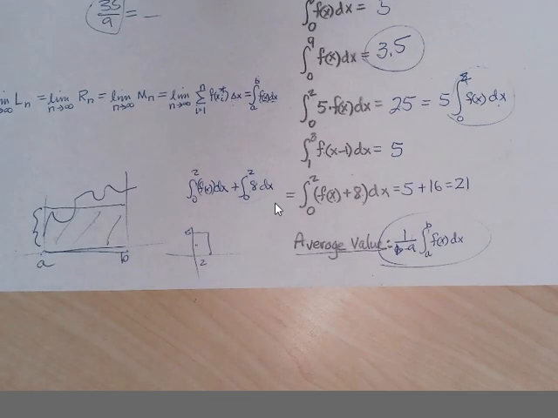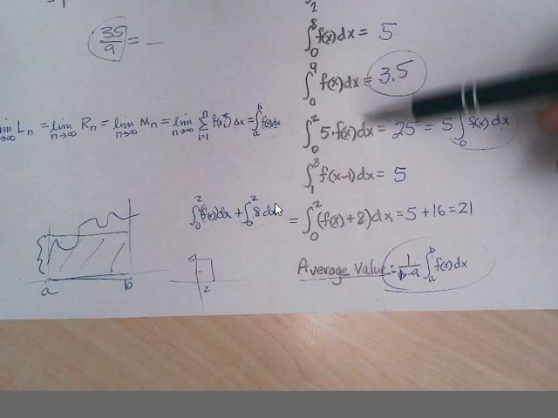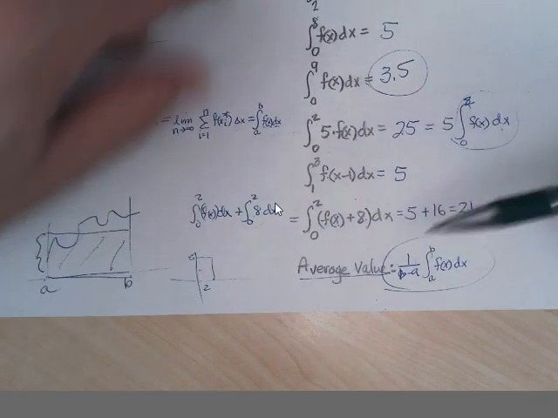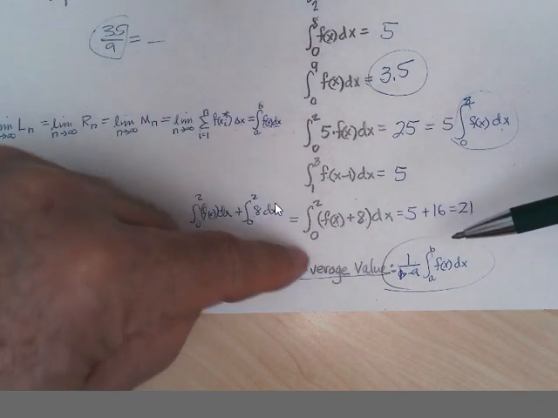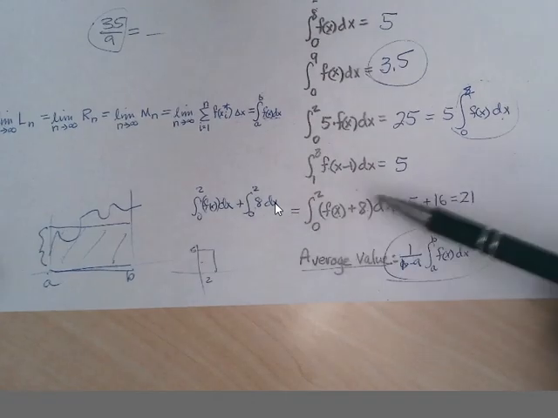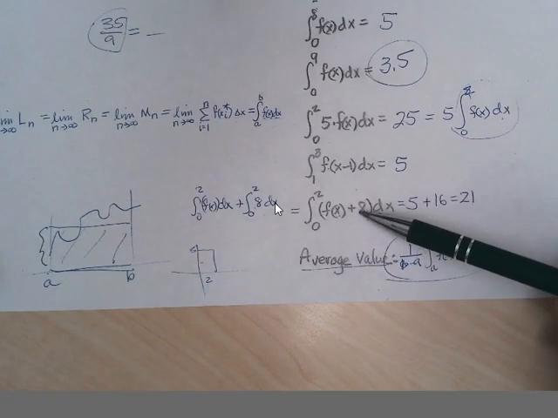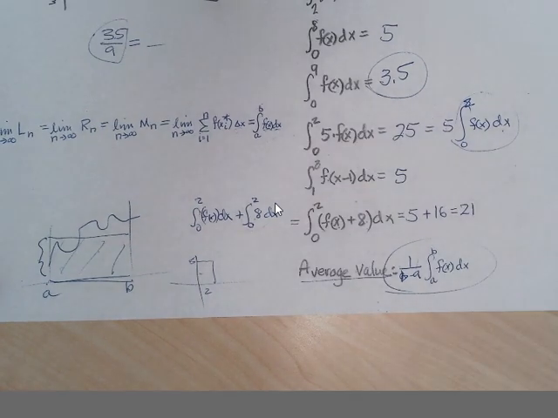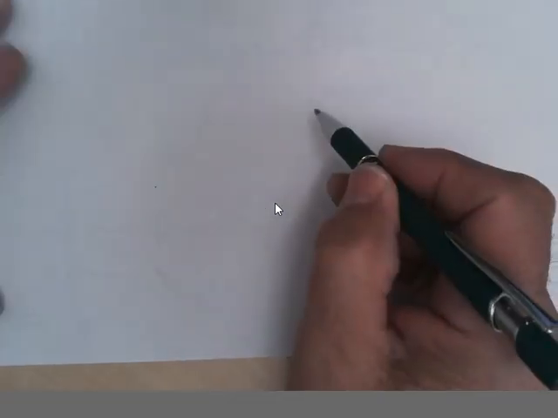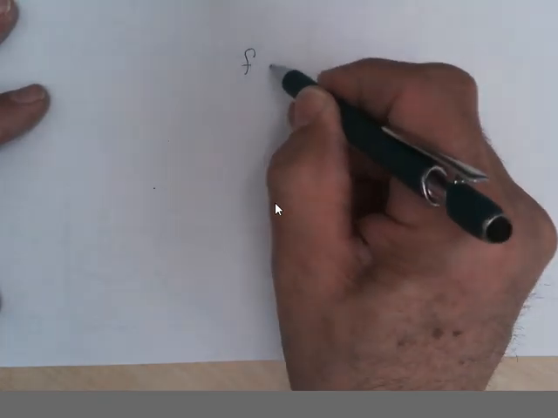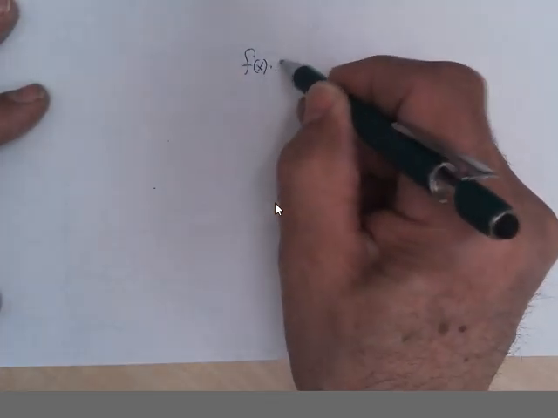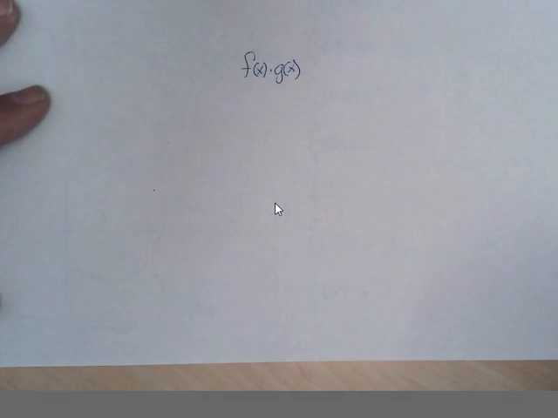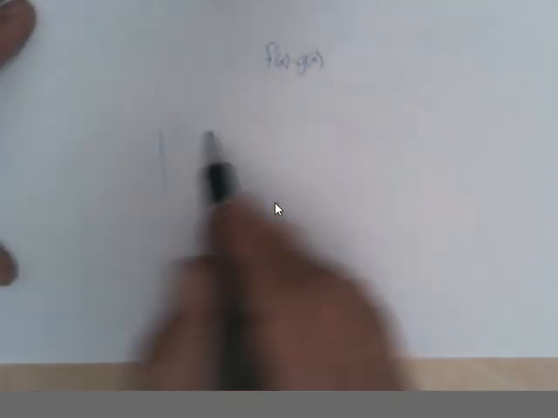Okay? Now, this is a specific example, but if you look at all the text in there, all the boxes are talking about how you can split up functions that are added, how they're moved, what happens if you multiply by something. There's only one thing that I didn't do that could be related to what's in the homework, and that is, how do you deal with f of x times g of x? So let's say f of x looks like this.